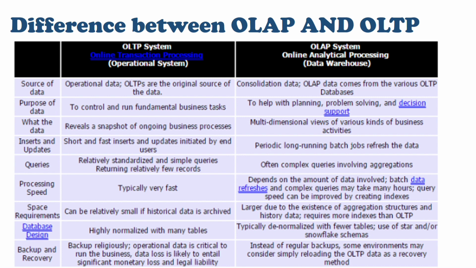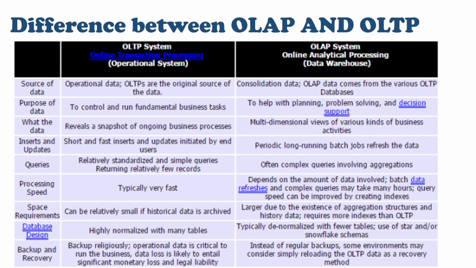Now the processing speed. OLTP is typically very fast, whereas OLAP depends on the amount of data involved. The batch data refreshes and complex queries may take many hours. Query speed can be improved by creating indexes.